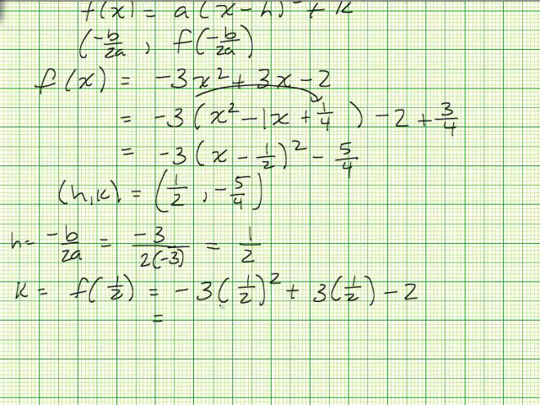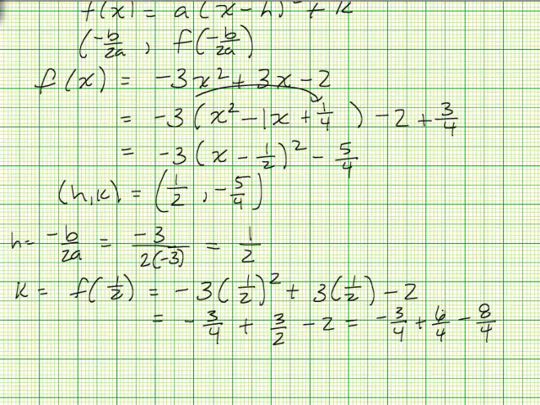This gives me negative 3 times 1/4, which would be negative 3/4, plus 3/2, minus 2. Finding common denominators, we have negative 3/4 plus 6/4 minus 8/4.